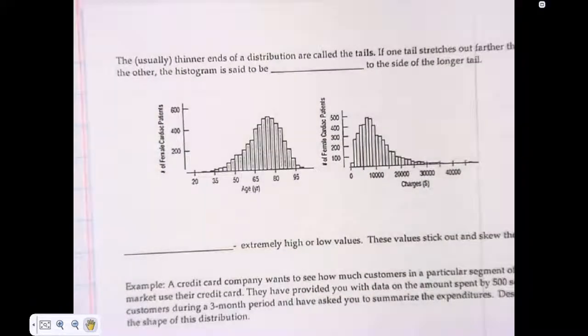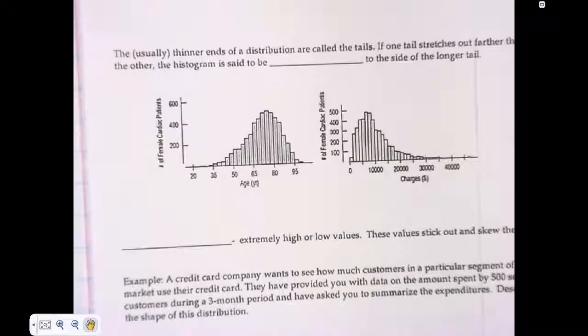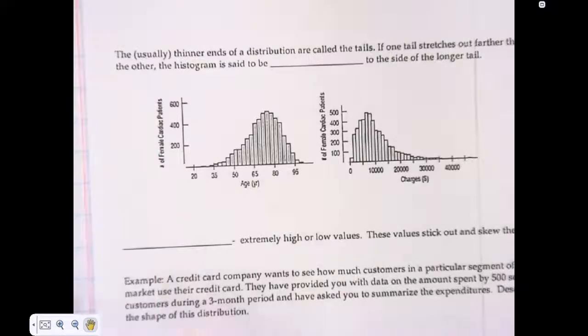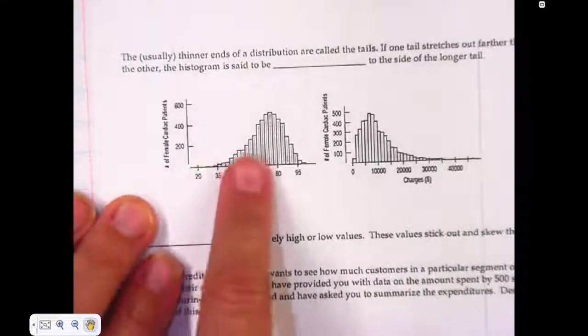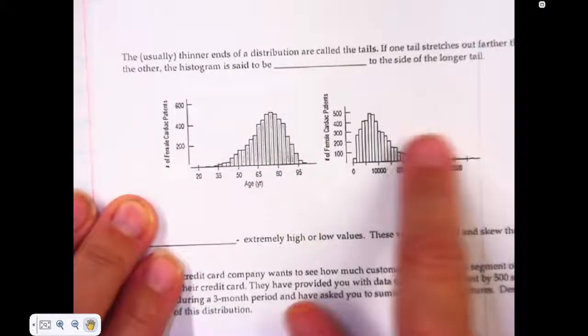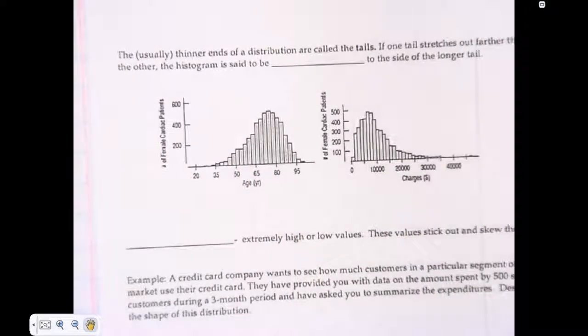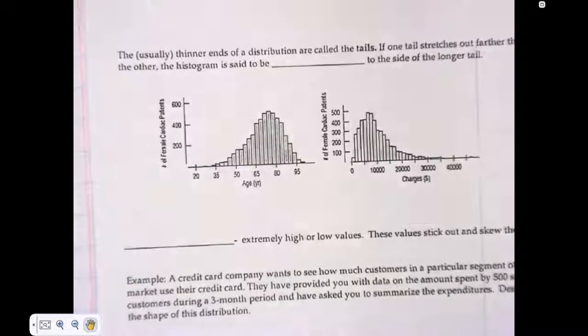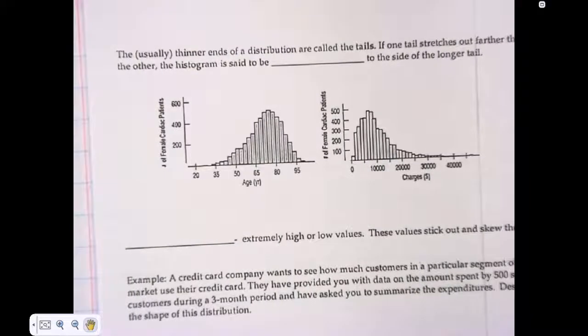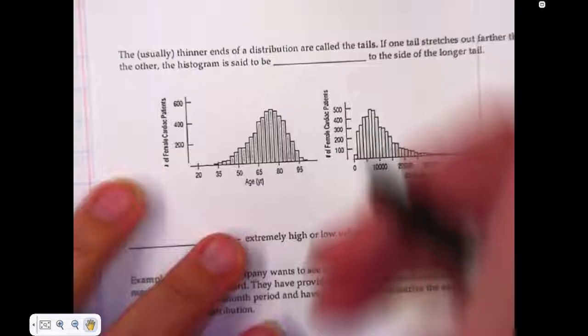Now, sometimes with histograms, you have thinner ends. The unusually thinner ends of the distribution are called the tails. You can see, like right here, there's a tail, and right there, there's a tail. What happens with these is if one tail stretches out farther than the other, the histogram is said to be skewed.